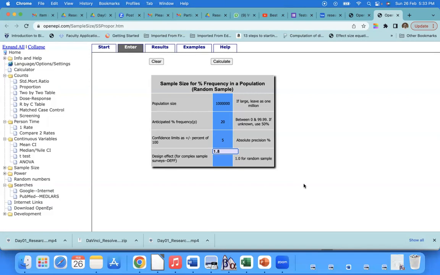One study that I was involved in used cluster sampling and they used 1.8. They showed some reference also, but I'm not sure about the reference now. So you can put 2 also if you feel that so much bias is there.